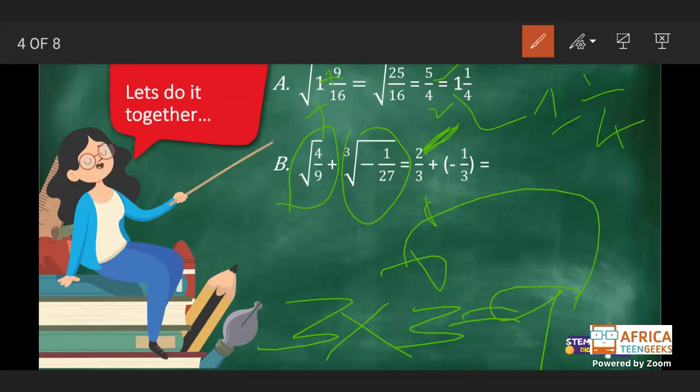So we also need to find a number that we can multiply 3 times, and it must give us this very same number.